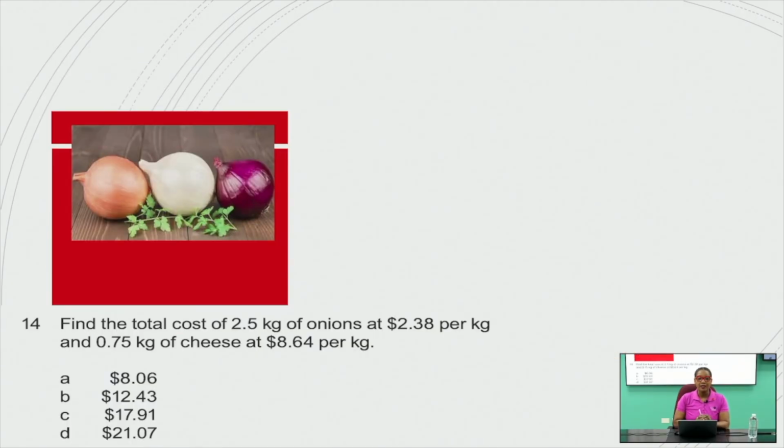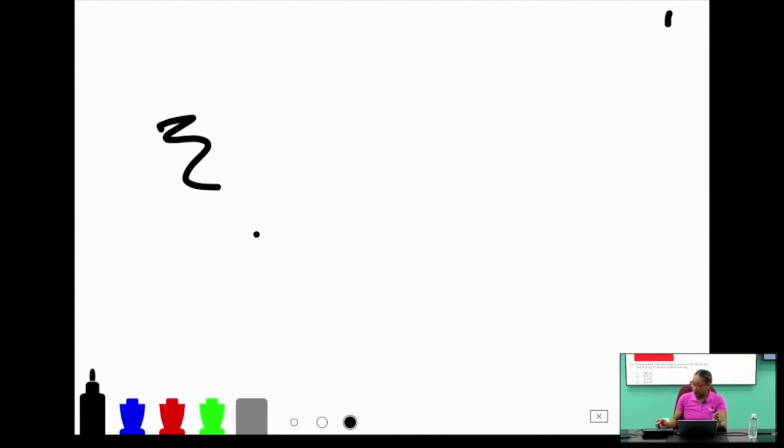So we are on to question 14. Find the total cost of 2.5 kilogram of onions at $2.38 per kilogram. All right. So let us look at what that looks like.